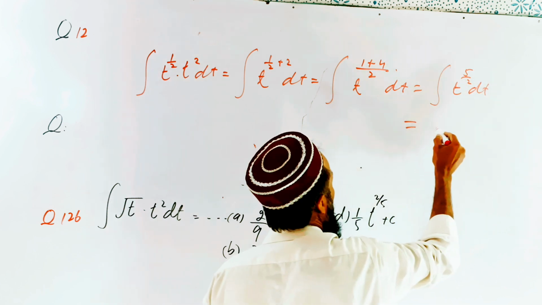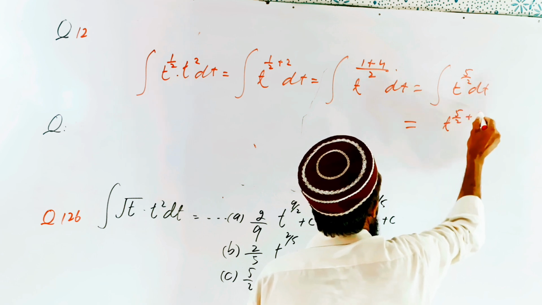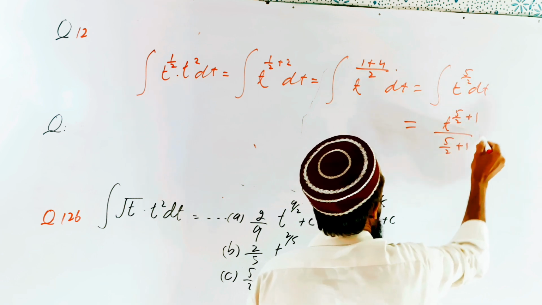Now using the power exponent rule, t to the power 5 by 2 plus 1, divided by 5 by 2 plus 1, plus c.